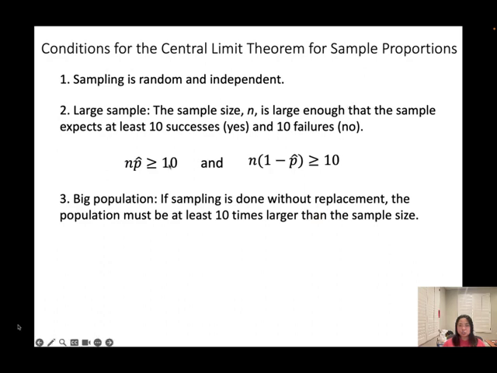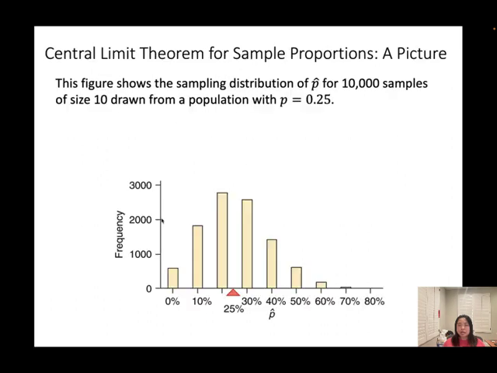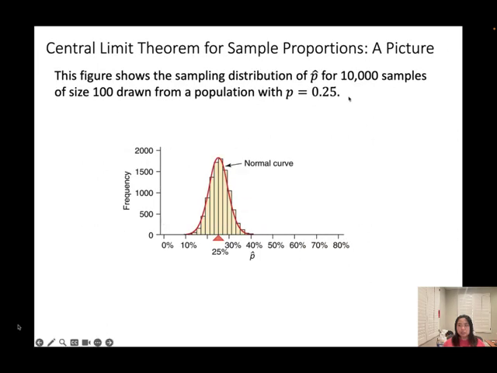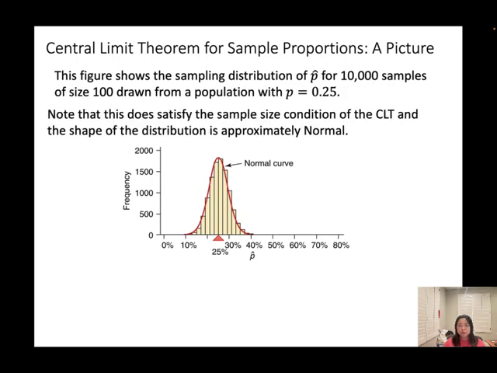And then number 3, the big population. The population must be at least 10 times larger than the sample size. This is good, since 100 times 10 is less than the population. Since it fulfills the conditions of the central limit theorem, the shape of the distribution is approximately normal.